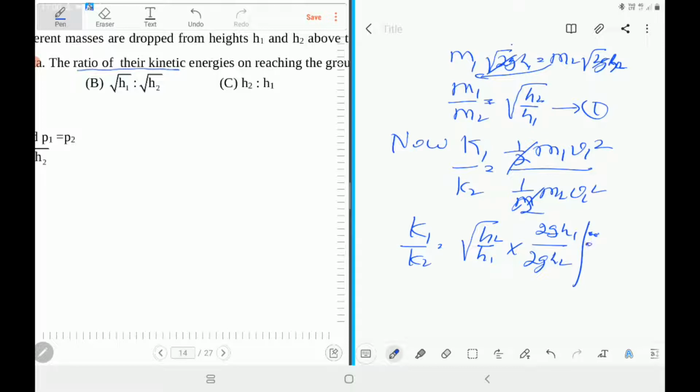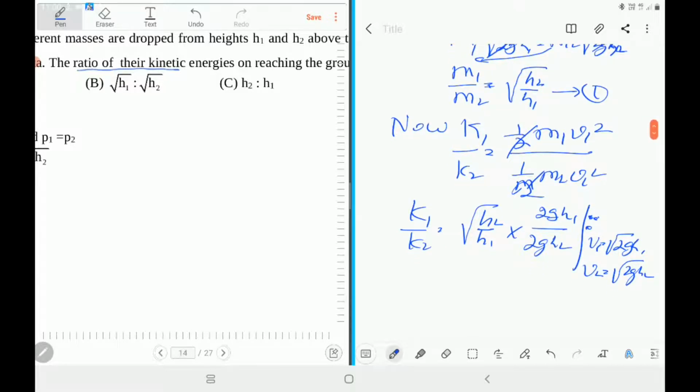So k1 by k2 is root of h2 by h1 times h1 by h2.